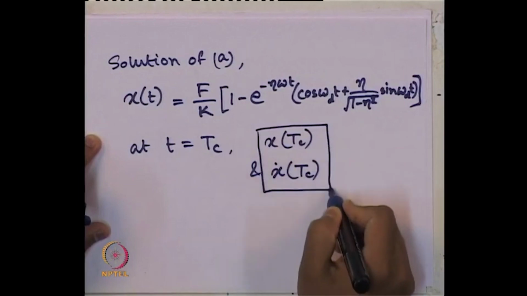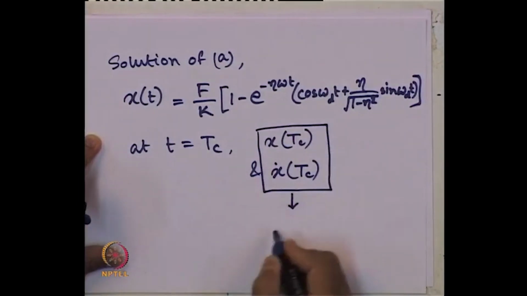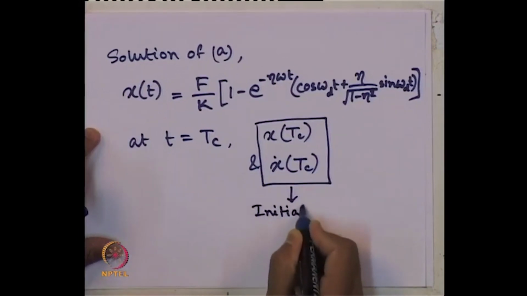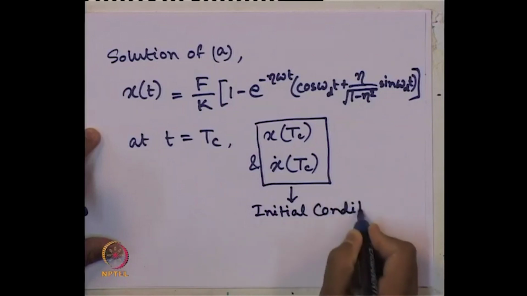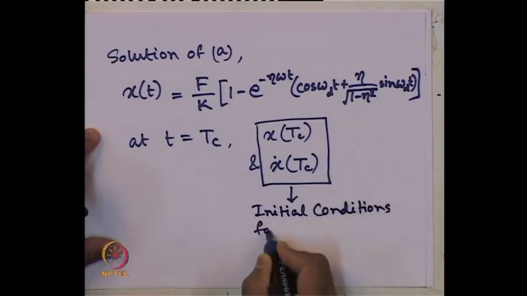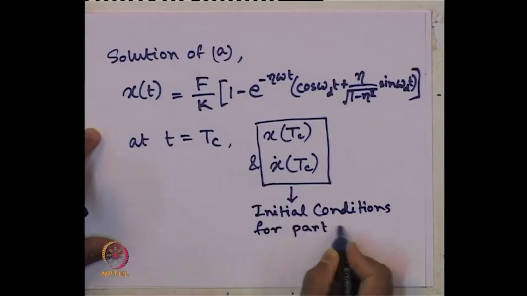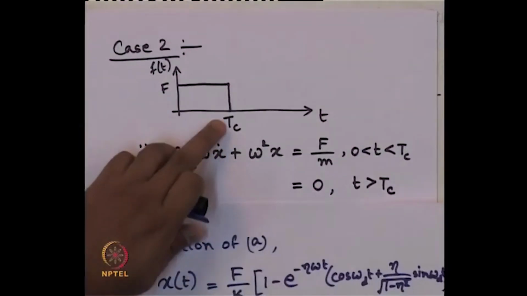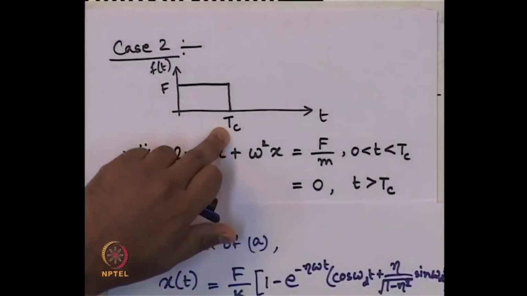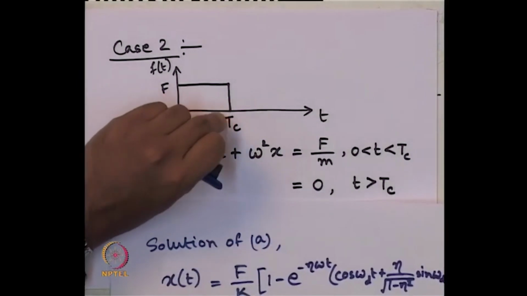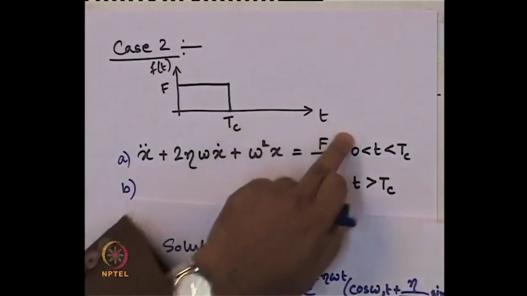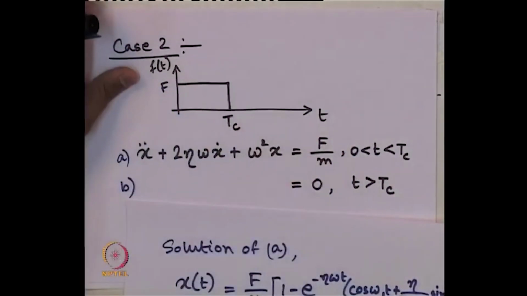These two are the initial conditions for part B. Because when the time reaches T c, whatever the displacement and velocity at that point is the initial condition for the second part, when it is vibrating freely.